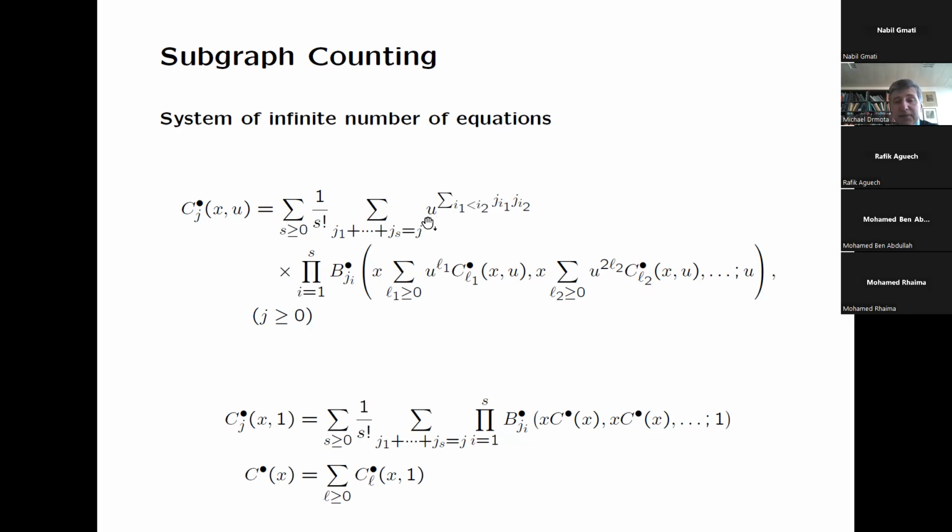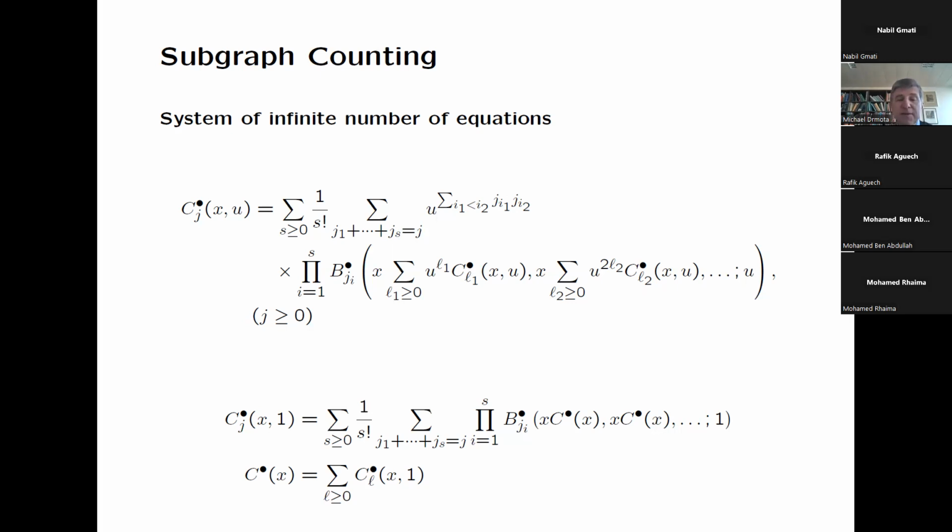And here the problem is that if we are in different components, where we have a cut vertex that has degree J1 in one component and degree J2 in the second component, then we have J1 times J2 new appearances in addition to the other appearances.